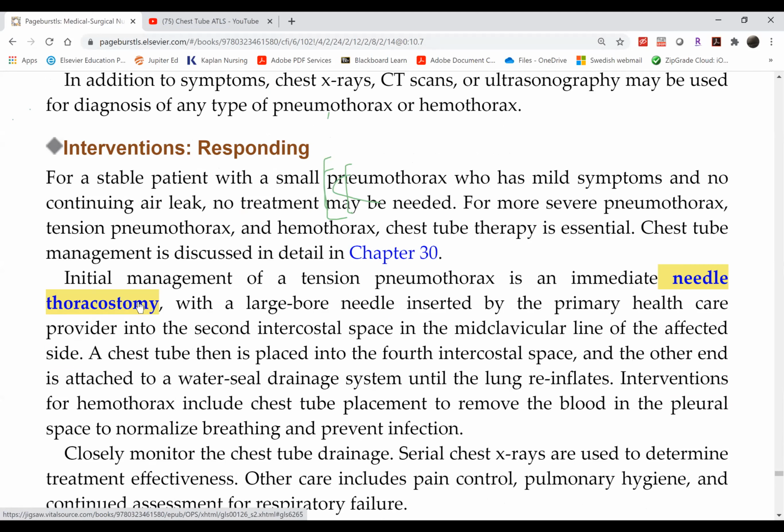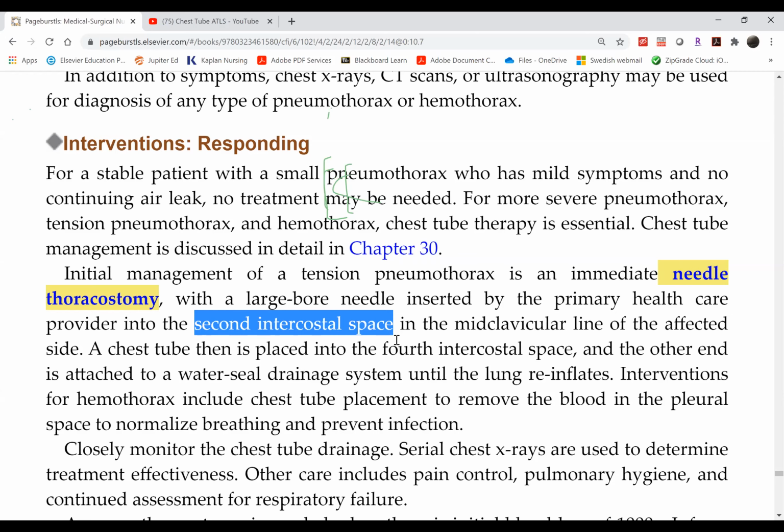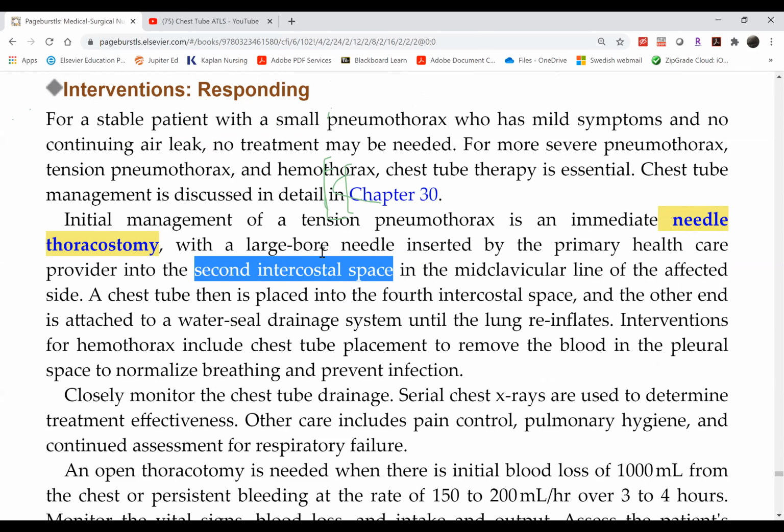You've probably seen this in movies, wherein the person receives anything sharp, but in the hospital, of course, we use a large bore 18 gauge or bigger needle. It's put in the second intercostal space to relieve the pressure. It is always followed with chest tube insertion because this is only a temporary procedure.